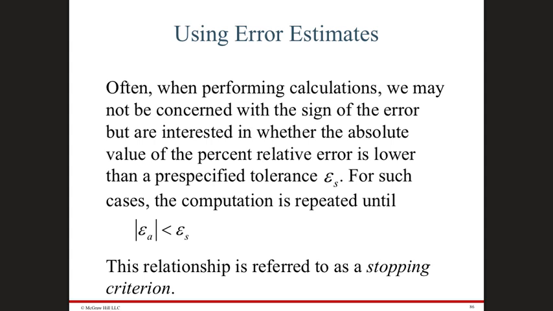Typically, while doing your calculation, you cannot really figure out what's the true value that you want to reach. Otherwise, there's no need for your numeric calculation, right? And in most of the cases, with each numeric operation, there is an estimated error value, rather than an actual true error value.